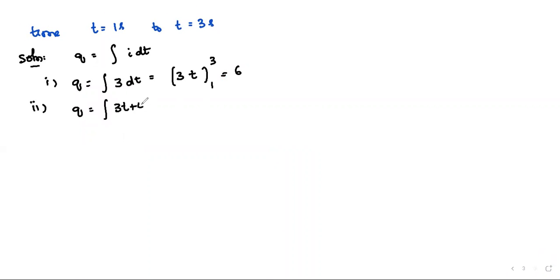After integrating, I am not doing it. Shall I believe you all? It is 20. Okay, right, from 1 to 3. I am not checking. Directly putting the answer here, 20. This is 20 coulombs. That is 6 coulombs. This is also easy for you.